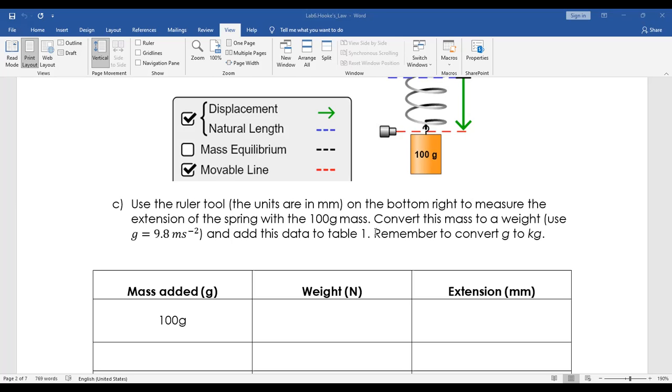And then what about the extension? We can find the extension by using the ruler. Okay, there's the ruler. How much is this? It is about, you can see here.